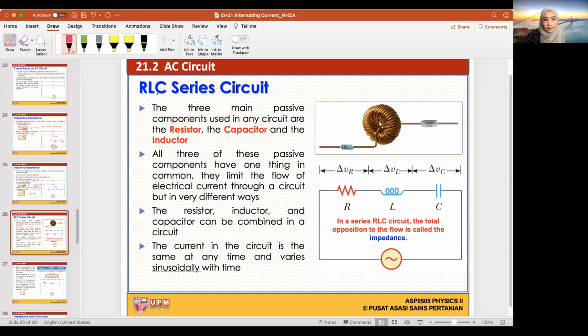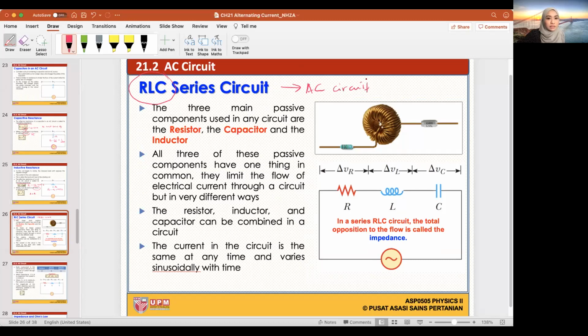So RLC series circuit. When you see this name, it simply means resistor, inductor, capacitor in series. Selalunya, bukan selalunya, memang dia akan cakap RLC untuk AC punya circuit. RLC series circuit refers to when it is in an AC circuit.